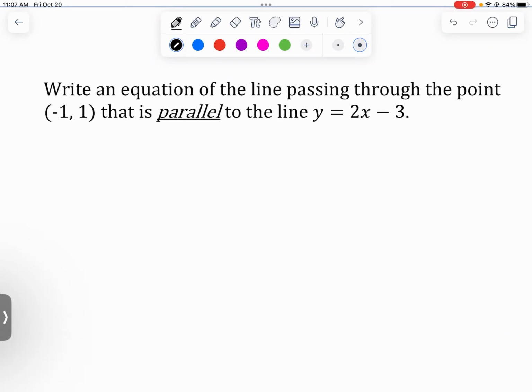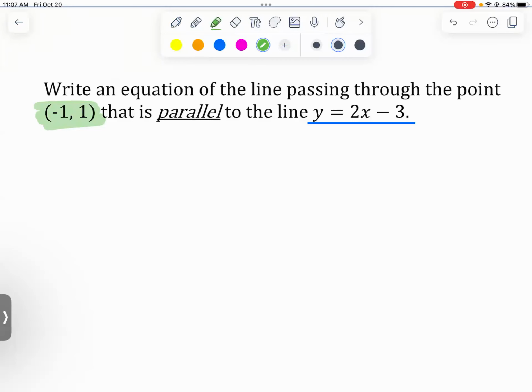So in this problem, write an equation of the line passing through the point (-1, 1) and parallel to the line y equals 2x minus 3. So y equals 2x minus 3. What do we really care about there? Okay. The 2.